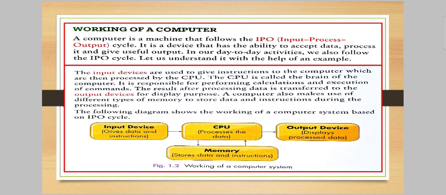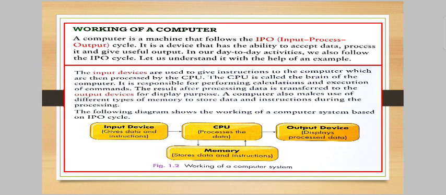This is called processing, and after processing the data the computer will generate a result. This is called the output. So it is a device that has the ability to accept data, process it and give useful output. In our day-to-day activities we also follow IPO cycles.